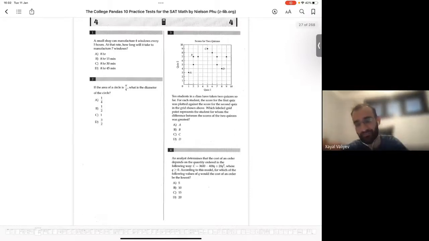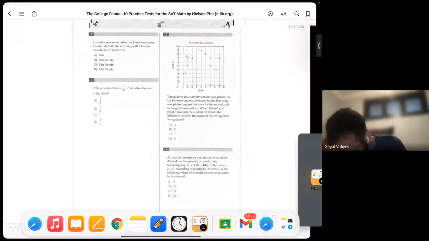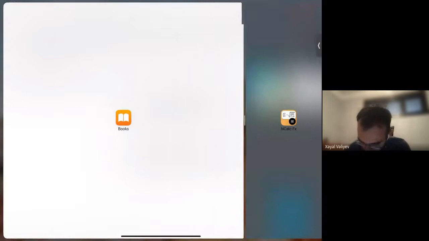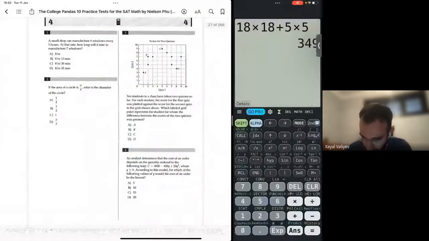Okay. Question one. Now this is a calculator question, that's why I am going to open a calculator on the right. Here we go.